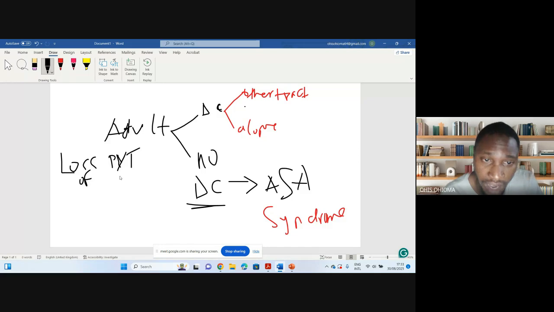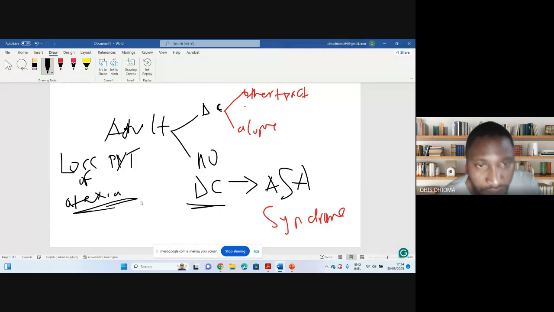So the patient will have proprioception, vibration, and touch. It will be okay. But if this DC is affected, the patient will have loss of proprioception, vibration, and touch, basically. Another thing the patient will have is ataxia and the likes.